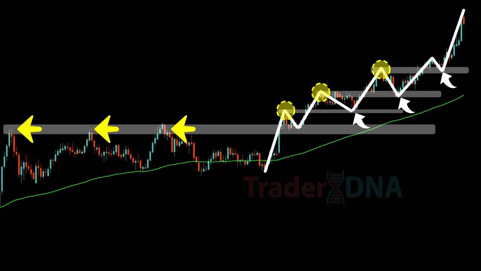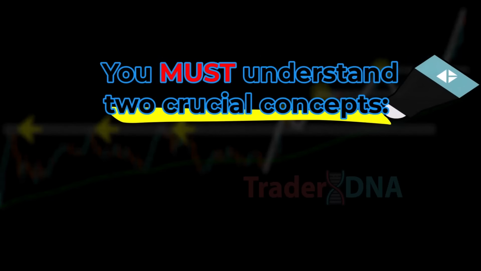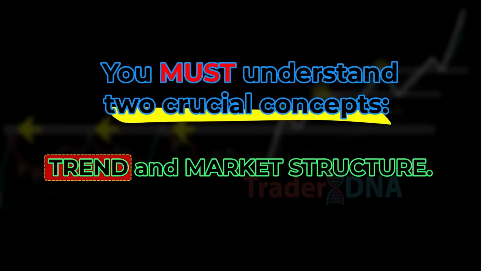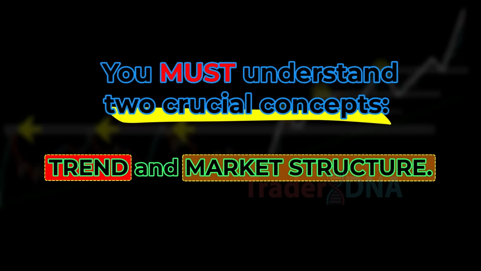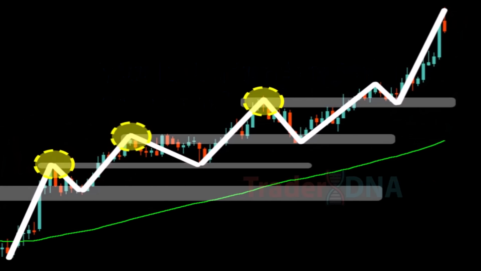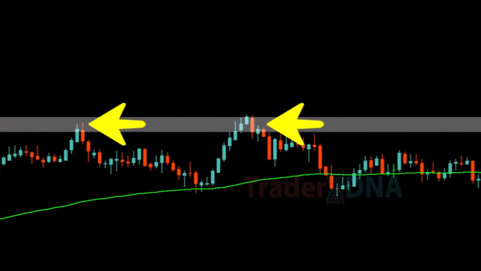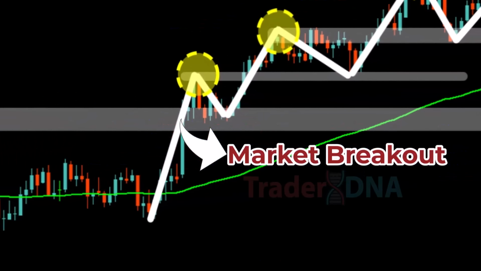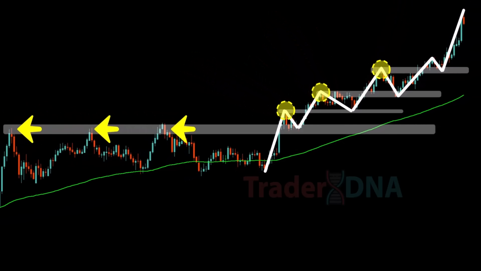But to actually use this strategy like a pro, you must understand two crucial concepts: trend and market structure. And trust me, I know these two can feel insanely confusing when you're new. Sometimes the chart looks like it's trending, then suddenly it's consolidating, then it breaks again, and boom, everything feels random.